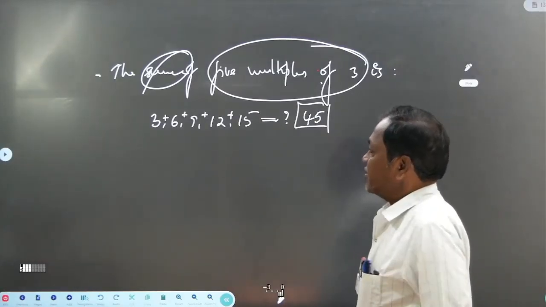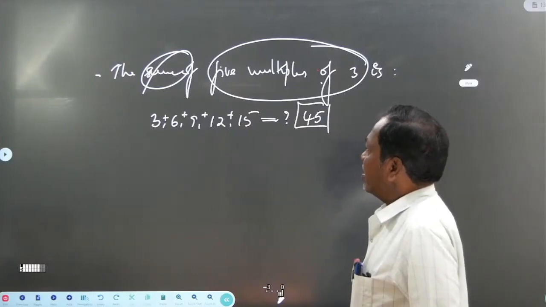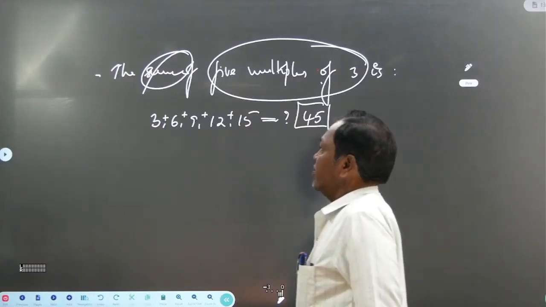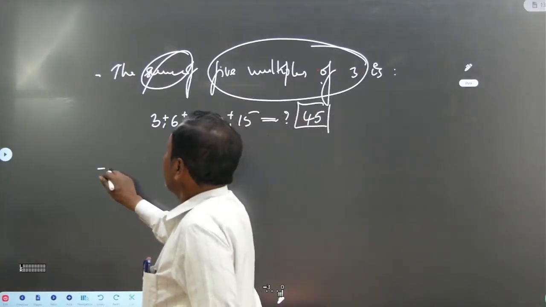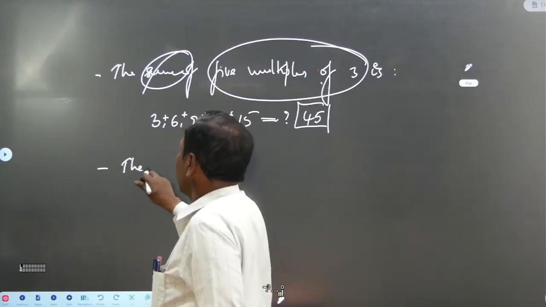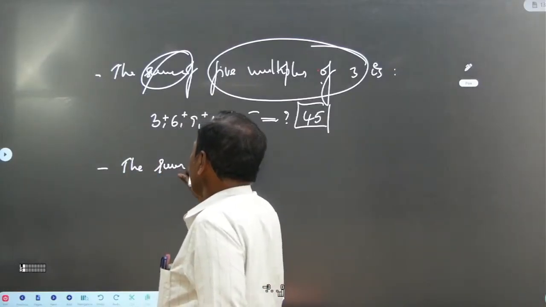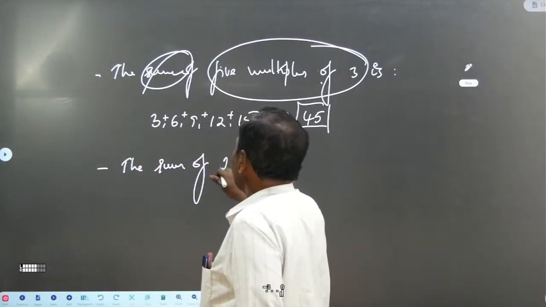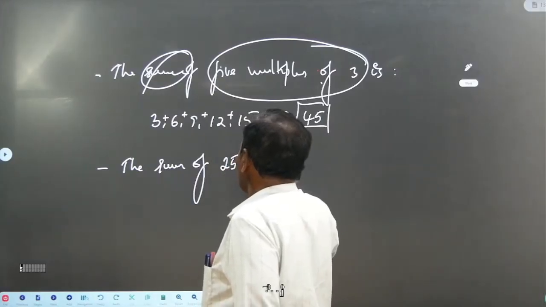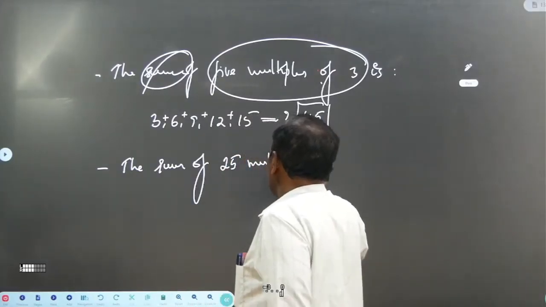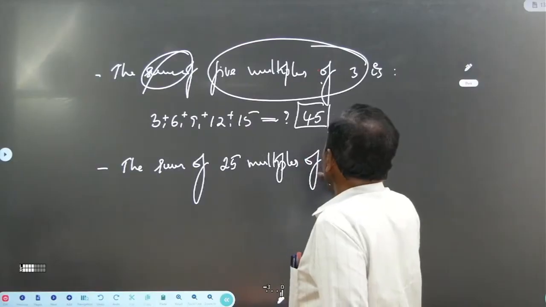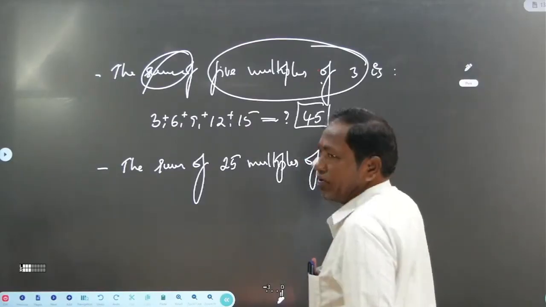Okay, right. And next, the sum of 25 multiples of 3 is, then how do you do it?